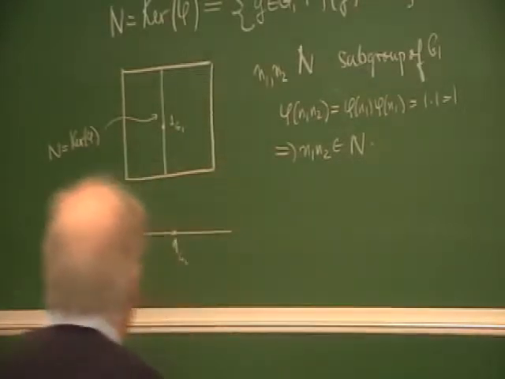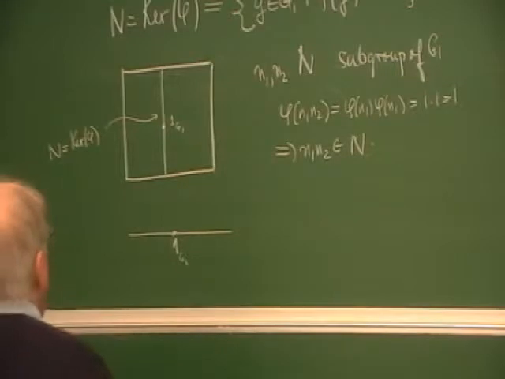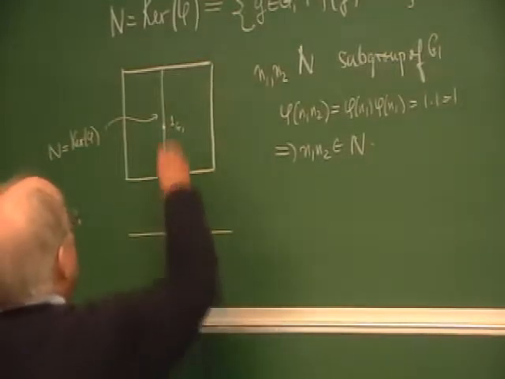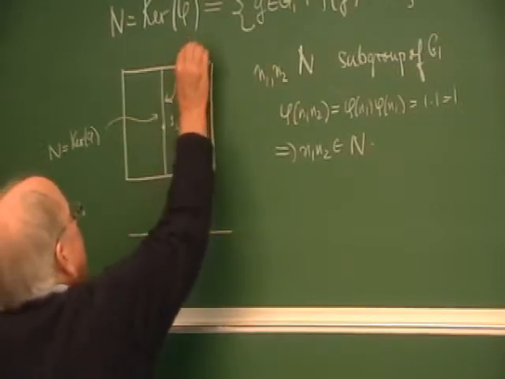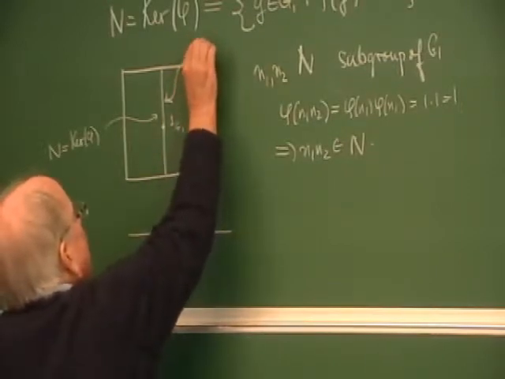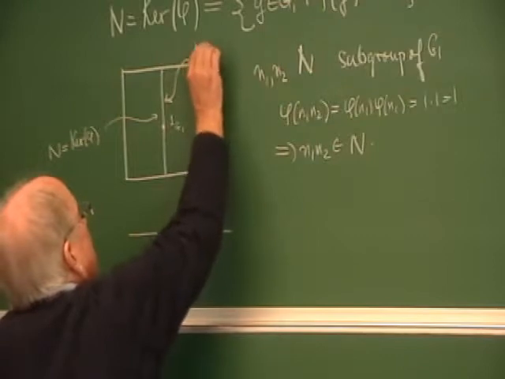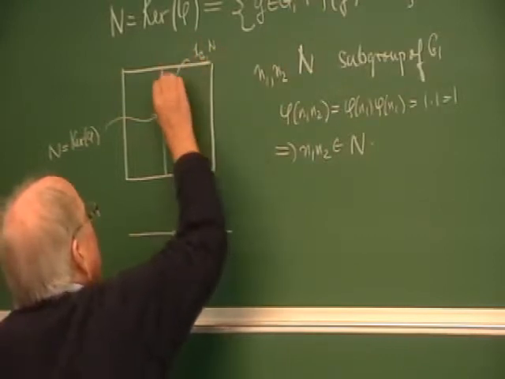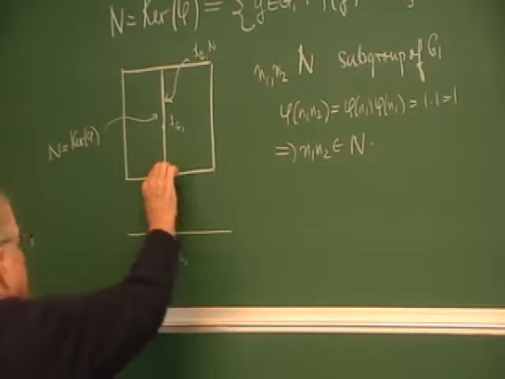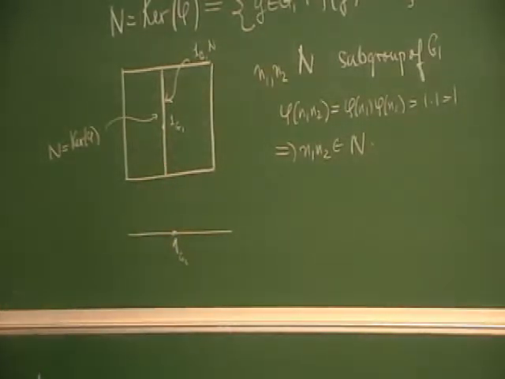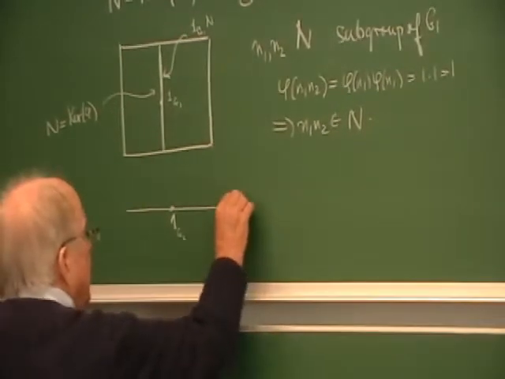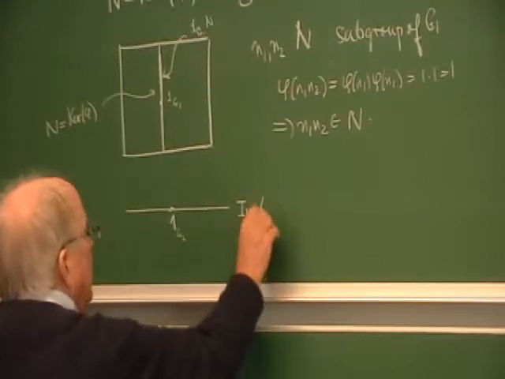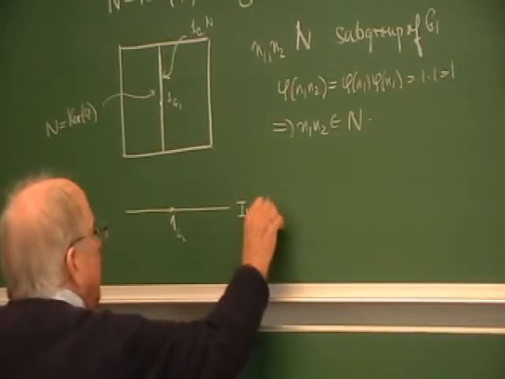Okay. Good. So this is the picture here. This is N. This is 1 in G1 times everything you have in N. This is the image of phi.